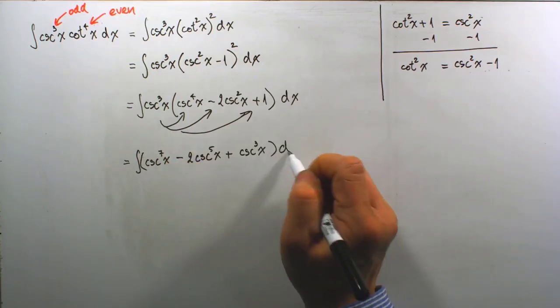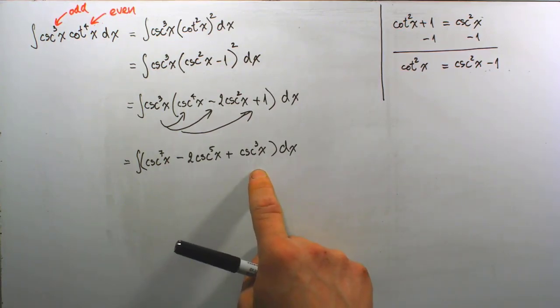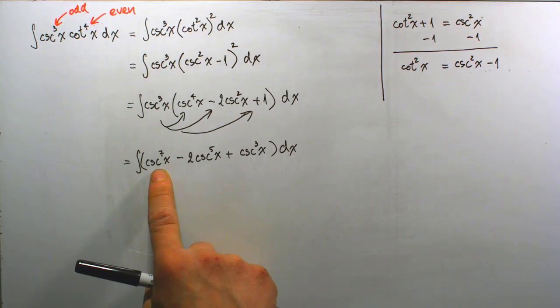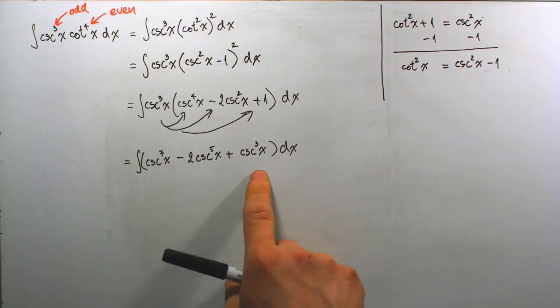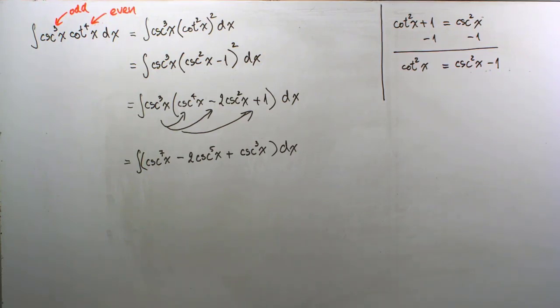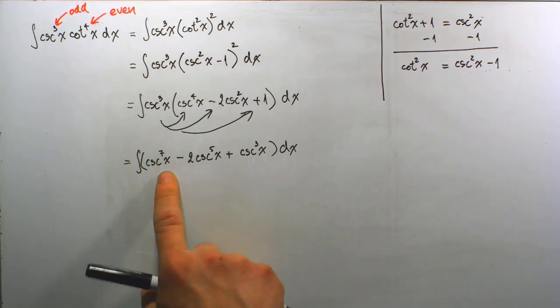And now we're integrating this lengthy function with respect to x. There are 3 terms, 3 powers of cosecant with respect to x. This is where we can integrate term by term, and we can use a power reduction on each of the terms right here.